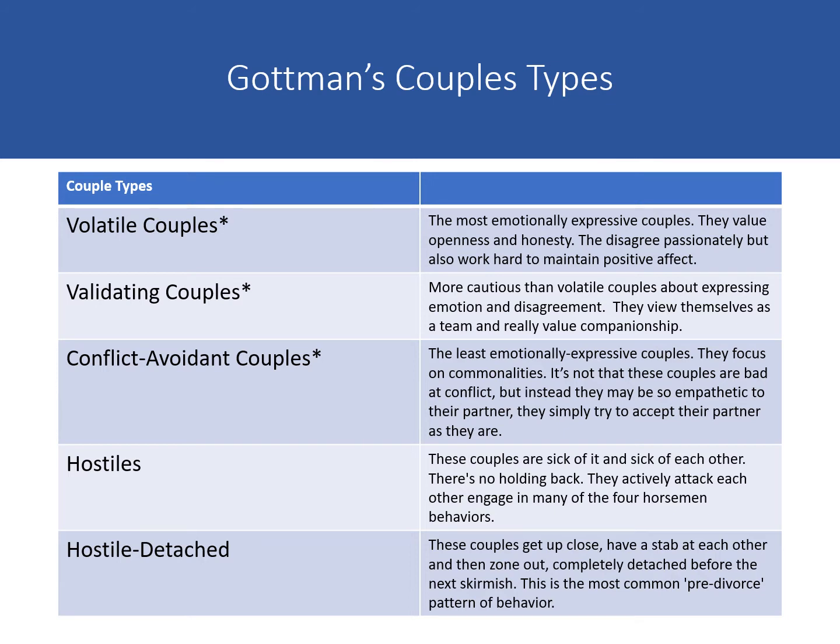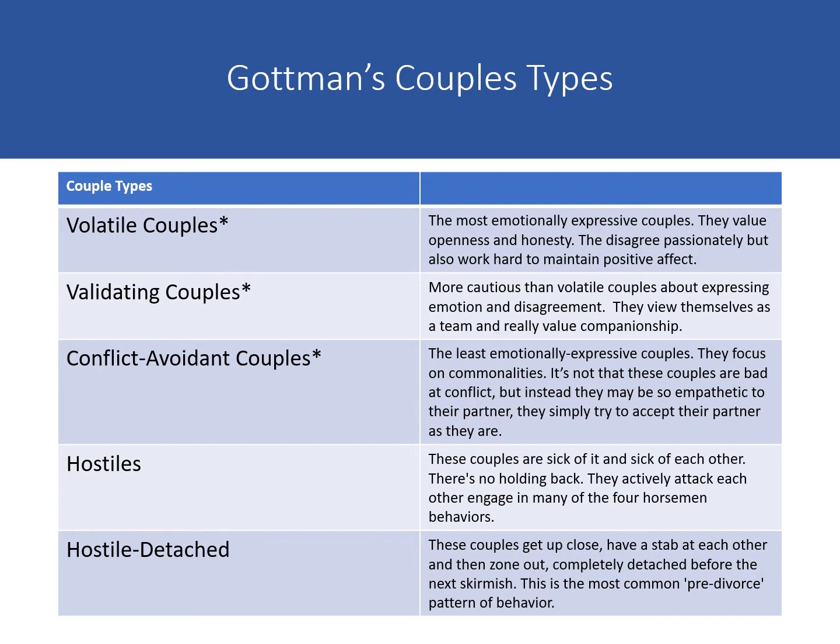When we look at volatile couples, we can define these couples as very emotionally expressive. And really that comes with both positive and to some degree negative emotions. People in volatile couples are really not afraid to share their emotions. They really prioritize openness and honesty.